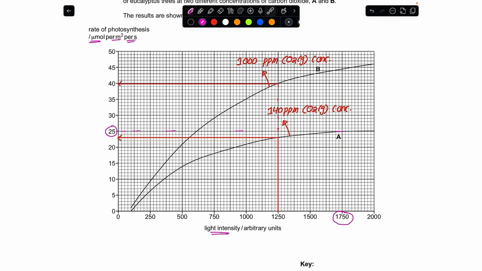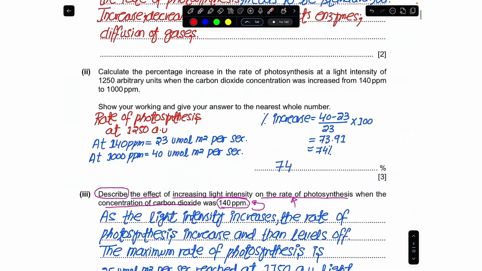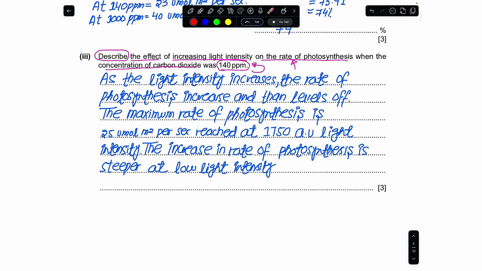The other point for the description is that the increase in the rate of photosynthesis is steeper where the light intensity values are lower. So this is what you were required to write in the answer. If I take you to the answer that I have written as per the mark scheme, I said that as the light intensity increases, the rate of photosynthesis increases and then it levels off.